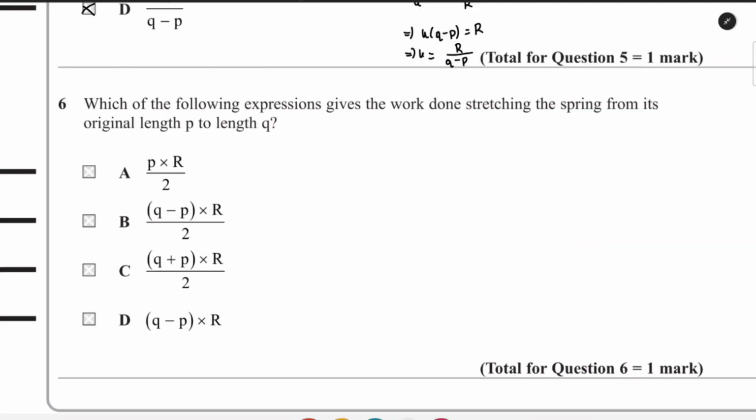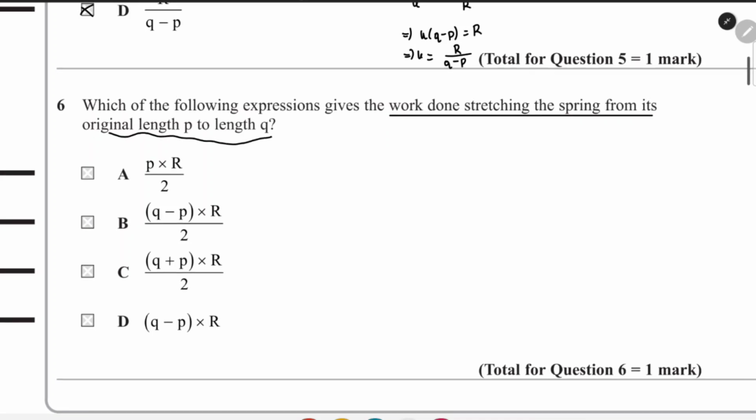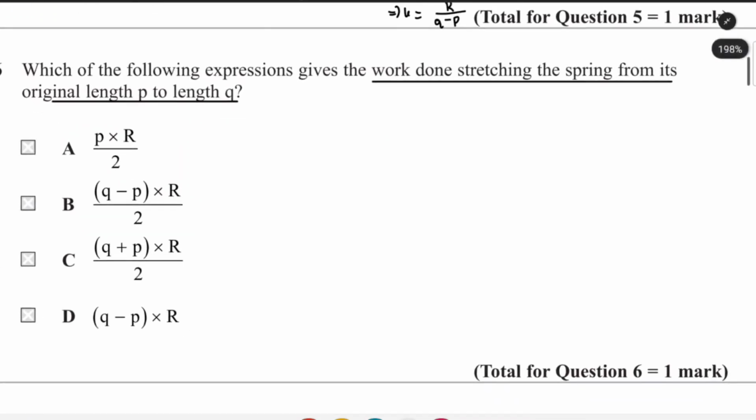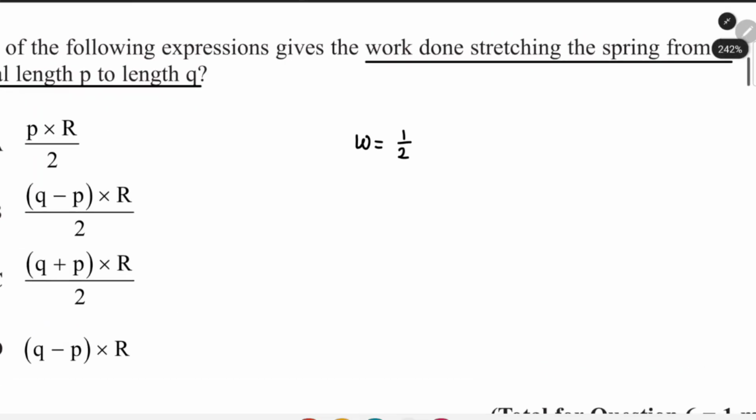Now in question 6, we have to find the work done stretching the spring from its original length P to Q. Now the work done when stretching a spring is given by this equation. So half F del x.